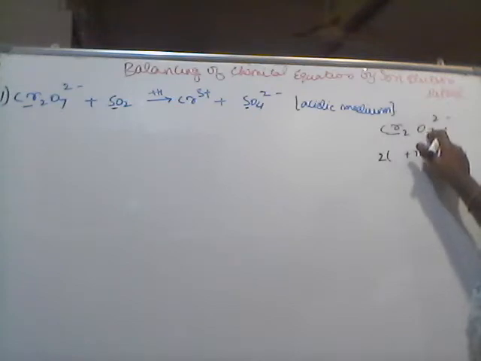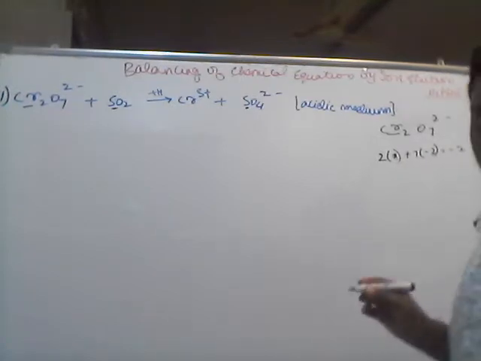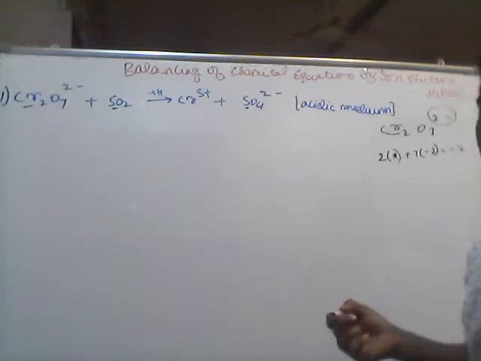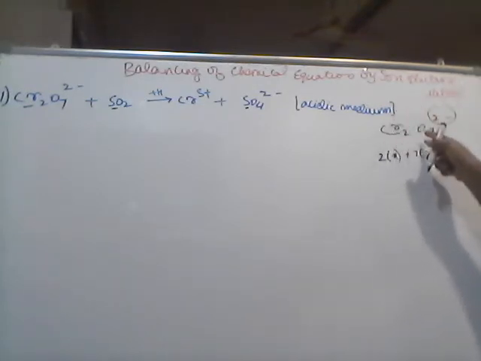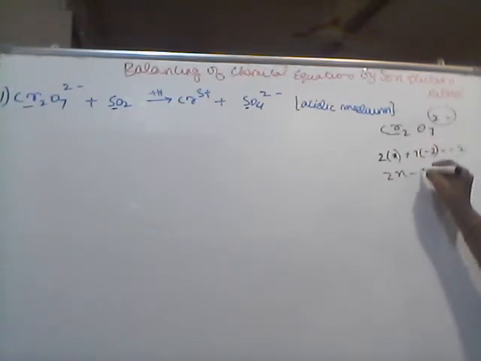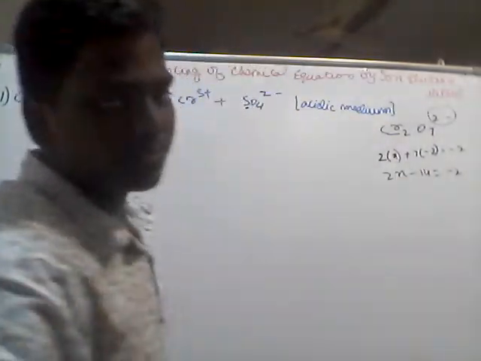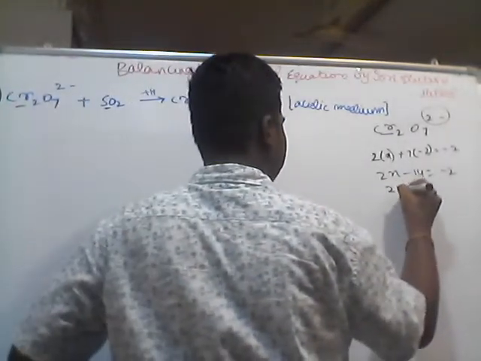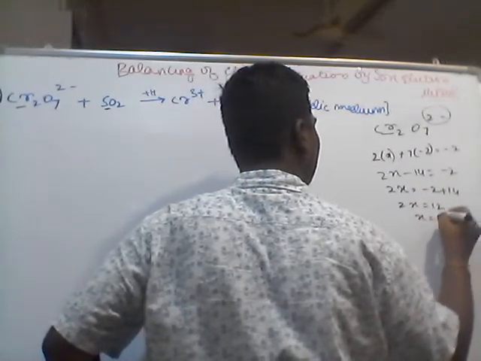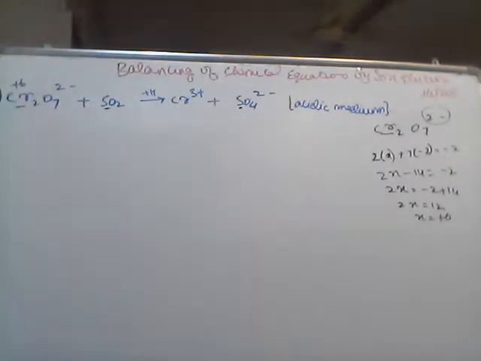The total charge is minus 2. So 2x minus 14 equals minus 2. With this simple algebraic simplification, chromium is plus 6.